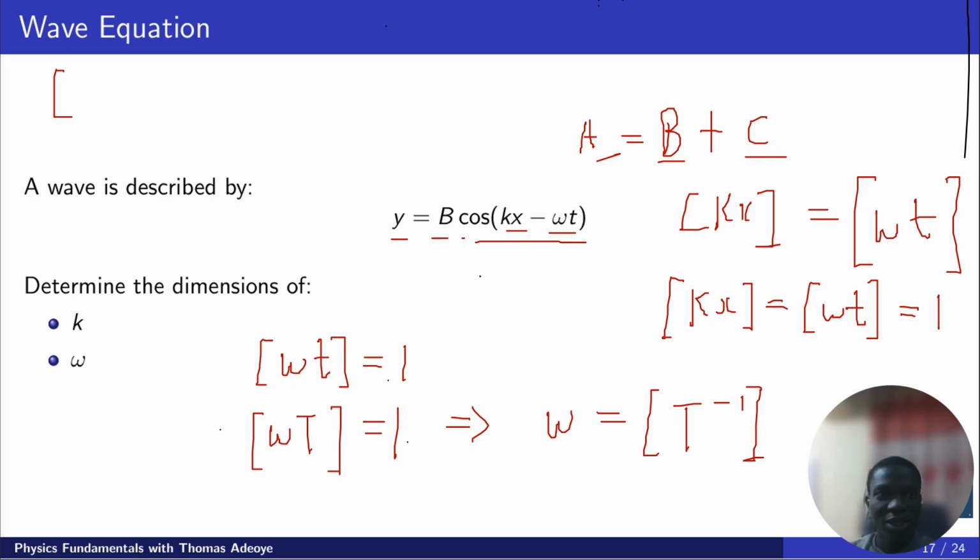For k, in the same way, we can say kx equals 1 as usual, and the dimension of x is capital L. So this will be equal to 1, and this implies that the dimension of k is equal to what?